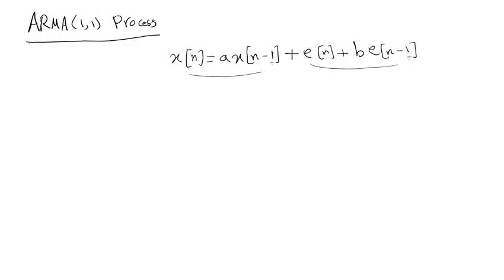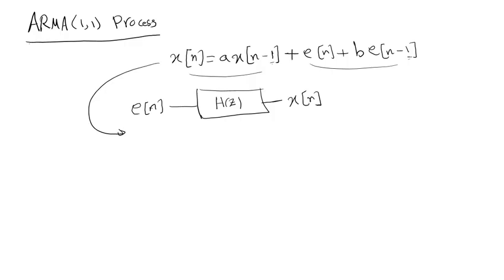How can we deal with this process? I can consider it as a LTI system. Actually, we filter a white process. e n is a white process, and we filter here. We have a system function H(z), and the output is x of n. For finding H(z), we only need to take the transform.